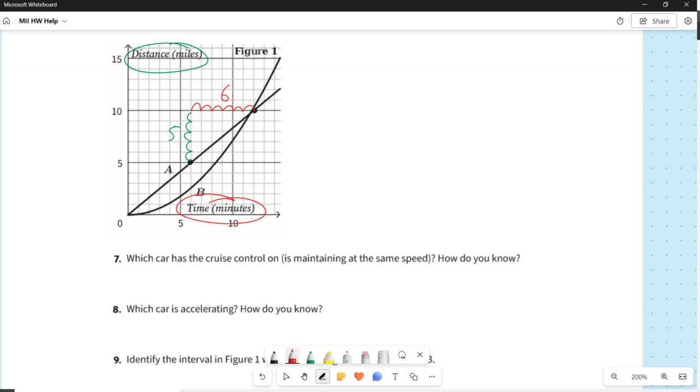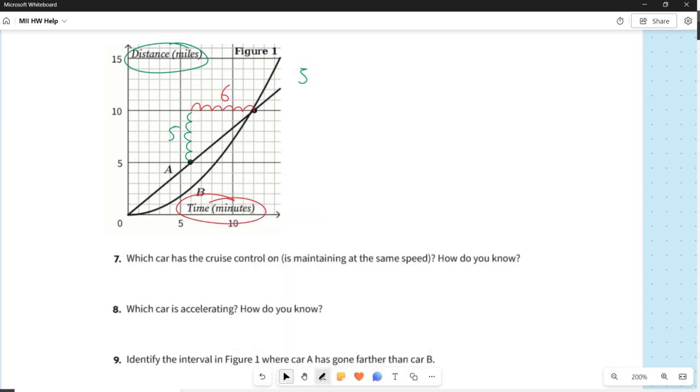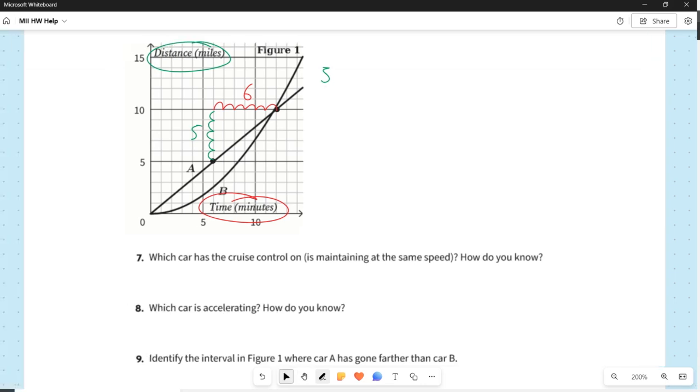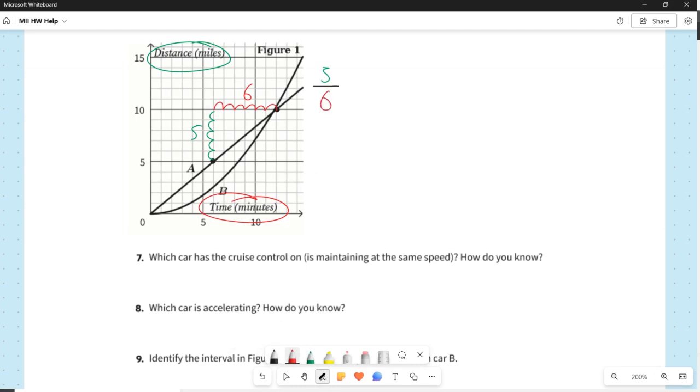And so if we want our slope here, it's going to be rise over run, which is going to be miles per minute.